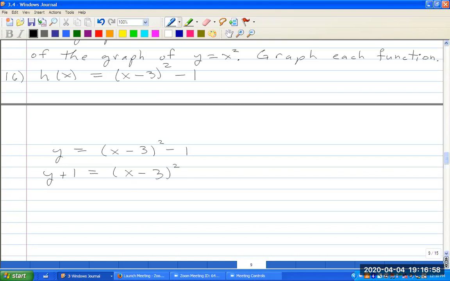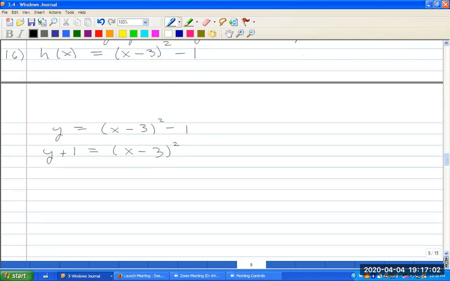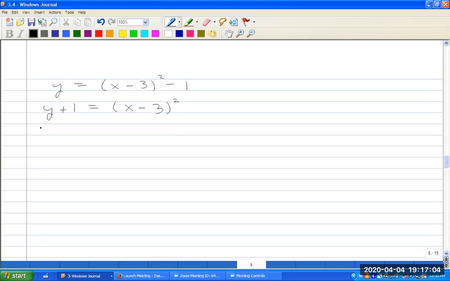So now this just looks like a translation of y equals x squared using the following translation. So you're going to translate this to the right.